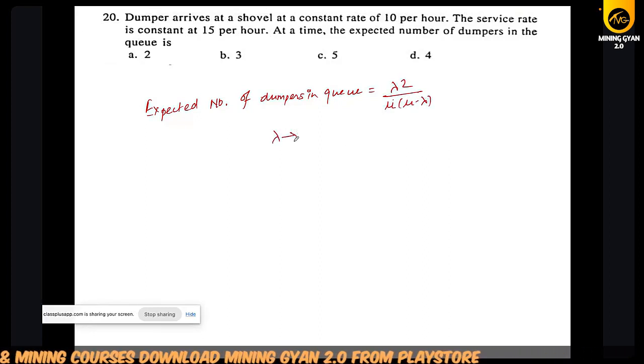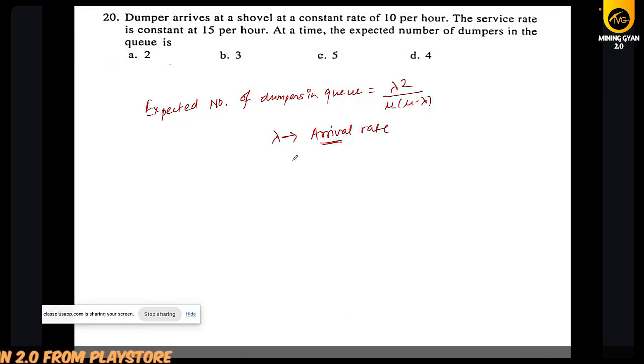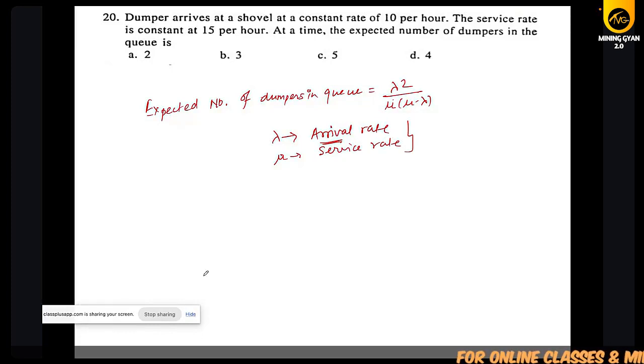Where lambda is the arrival rate. Yesterday we had discussed how to find the arrival rate, and mu is the service rate. Lambda is given as 10 per hour.